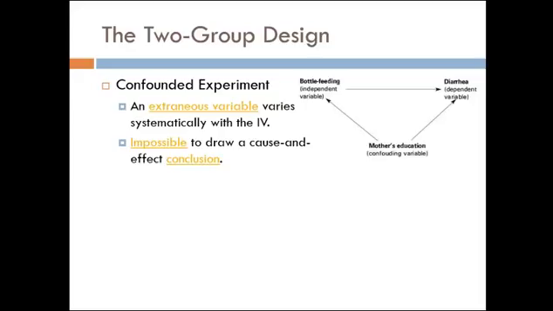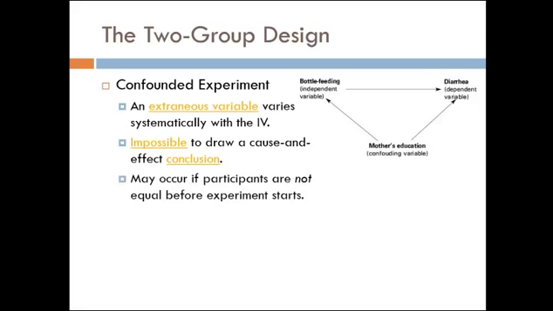We can never confidently know whether our independent variable is the important factor or whether the extraneous variable is. Now, one thing that can happen in our experimental design procedure is that if we start off with groups of participants that are not equal in the beginning, we can introduce a confound.